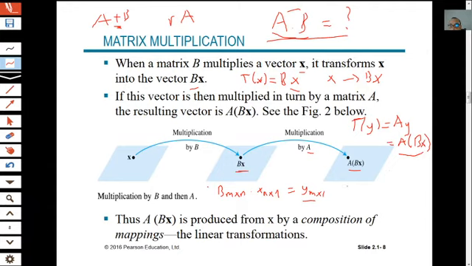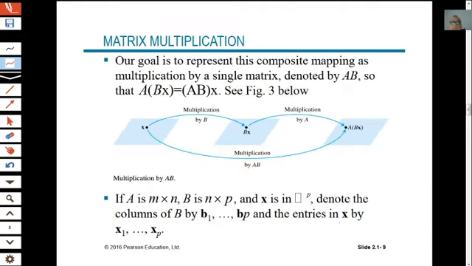For example, if we say another transformation, let's say bigger S, it is the composition of, let's say this one T1, this one is T2, so this is the composition of T2 and T1. We have a composition of two linear transformations.